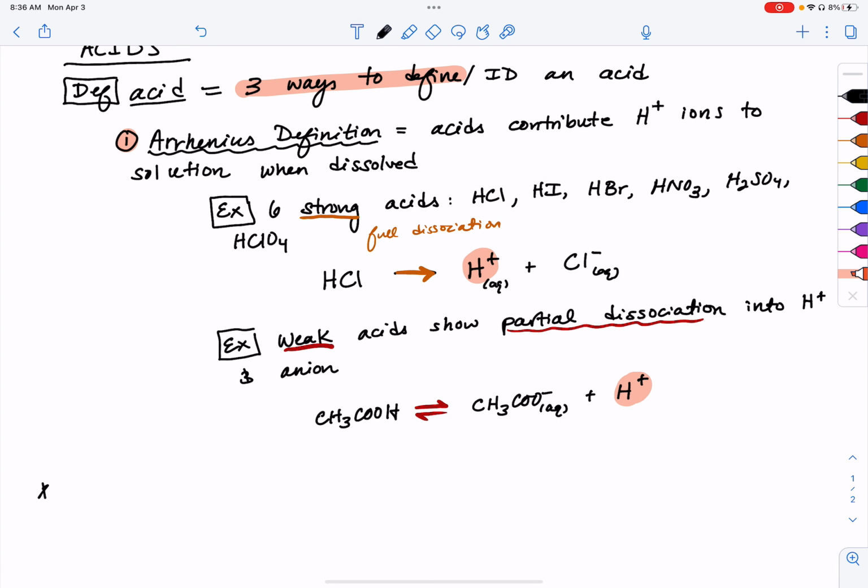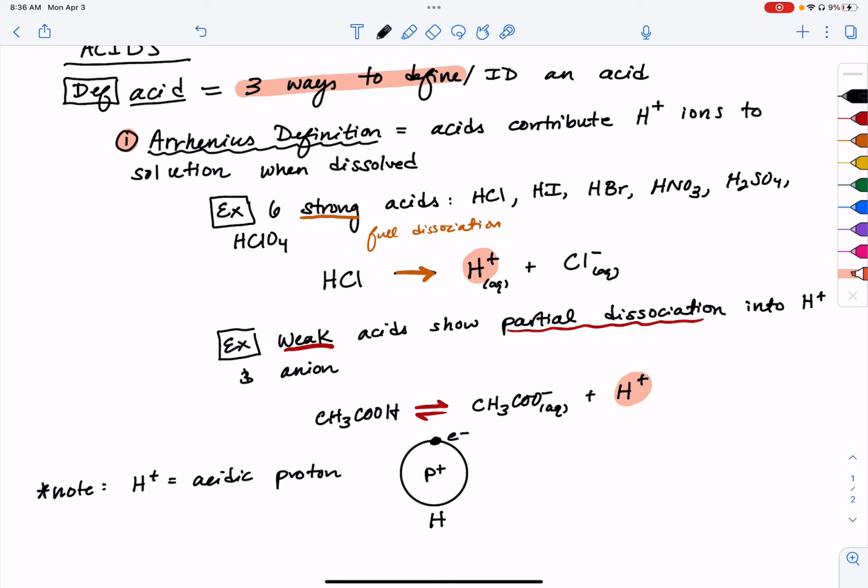Let me make a little note here. H+ I might call an acidic proton because if we remember the Bohr model for the hydrogen atom, it has just a singular proton and a singular electron. That's the hydrogen atom. There are no neutrons in the nucleus of hydrogen.